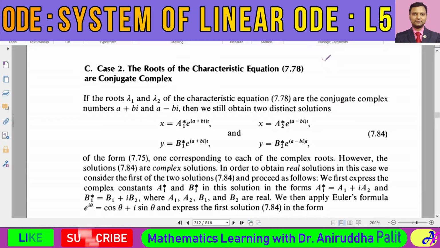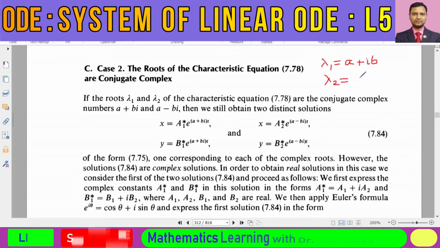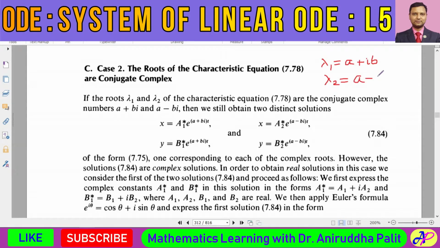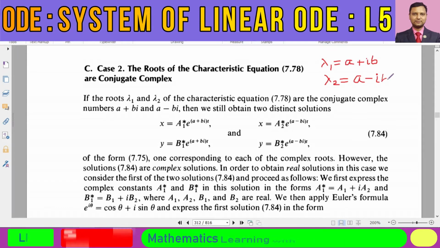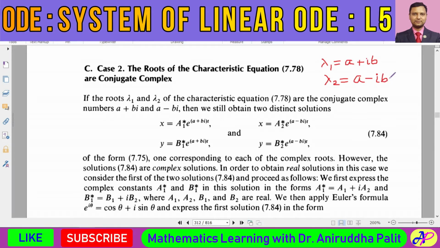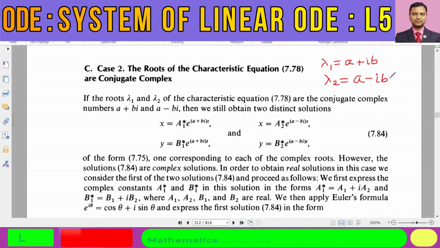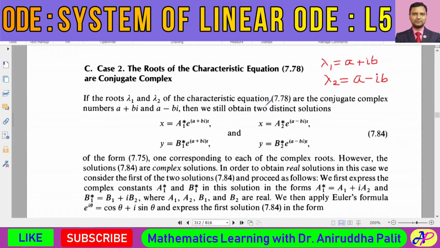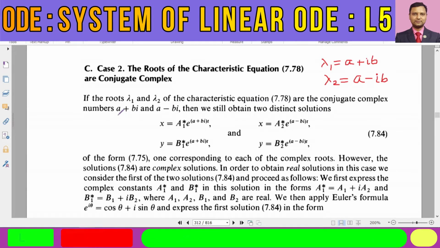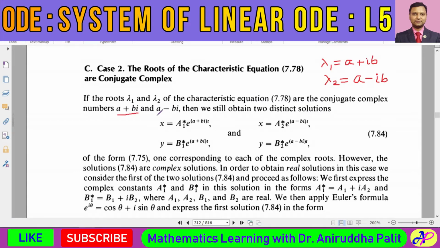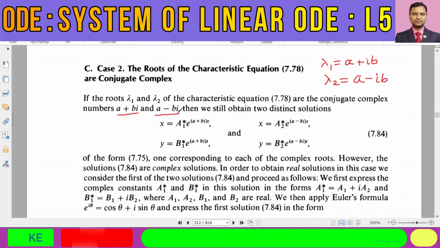That means lambda 1 can be written as a plus i b, and lambda 2 can be written as a minus i b.